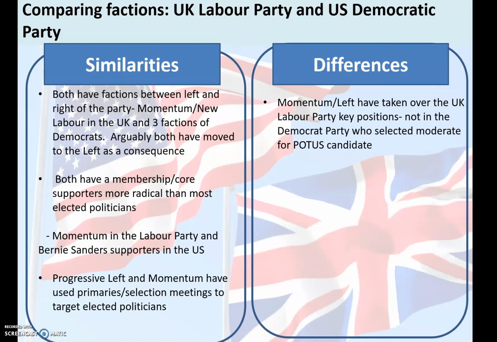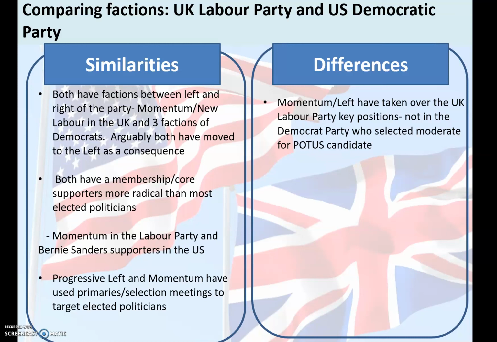So as we're seeing now, the fact that it's a blue dog Democrat, Joe Manchin, who's really calling the shots, for example. The fact that Hillary Clinton and Joe Biden were both selected as their presidential candidates, again suggests that the Progressive Left don't dominate the Democrat Party. It's actually the more moderate end which kind of control the party and the choice of candidates. So there's a clear difference there, I would argue.